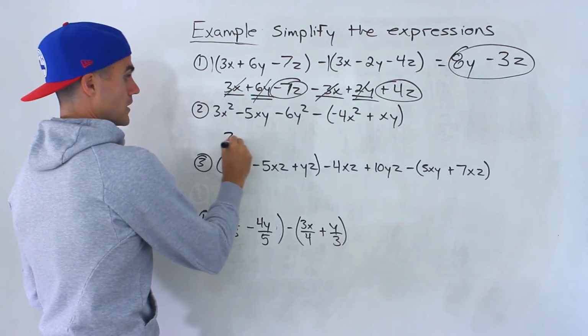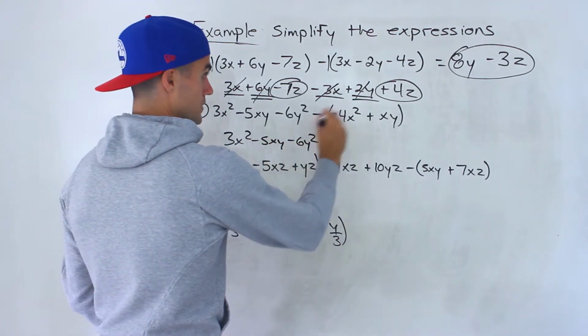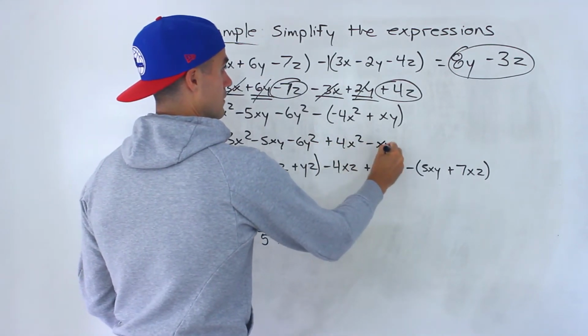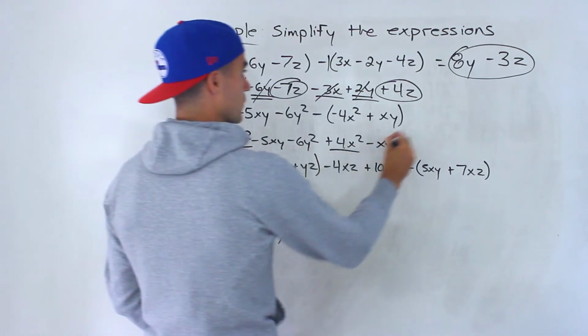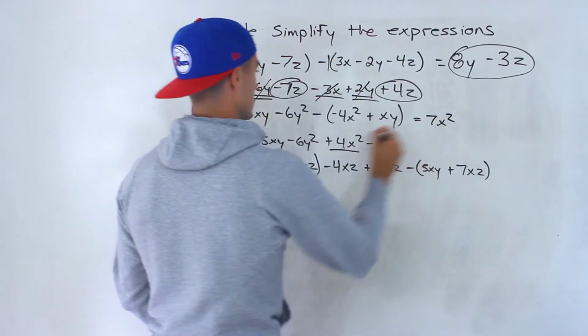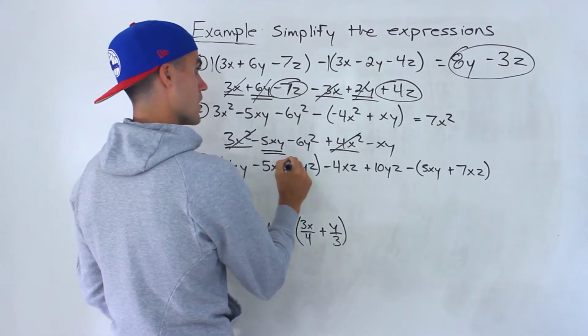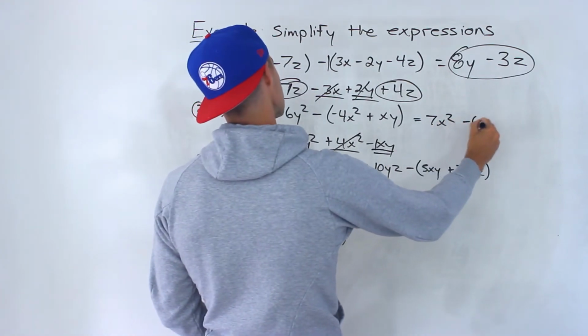Number two, 3x squared minus 5xy minus 6y squared. The negative we would distribute changes all the signs. And then what are the like terms here? 3x squared plus 4x squared gives us 7x squared. Negative 5xy minus xy, there's like a minus 1 here, so that would be minus 6xy.